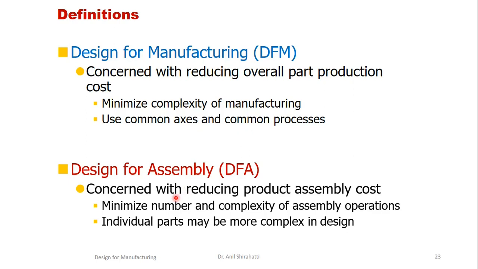When you are doing the assembly, we have to minimize the number of components in the assembly. If we can take 3-4 components and form them into a single component by a different manufacturing technique, it will always be good. Also, complexity in the design is allowed, but not complexity in the assembly. So assembly should be as simple as possible.